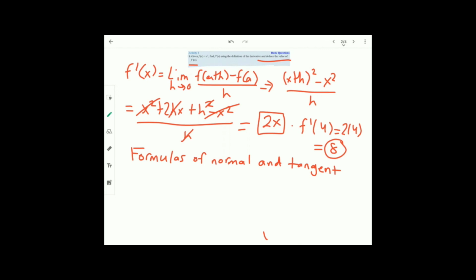The answer you get is the slope of the tangent, and if you do the negative reciprocal, so let's say I got 2 as my answer, if you do minus 1 over 2, that's the slope of the normal. And then you just do y minus y0 equals m, the slope, times x minus x0, and that's a very simple point. I think it should be a very easy one. And let's move on to our next point.